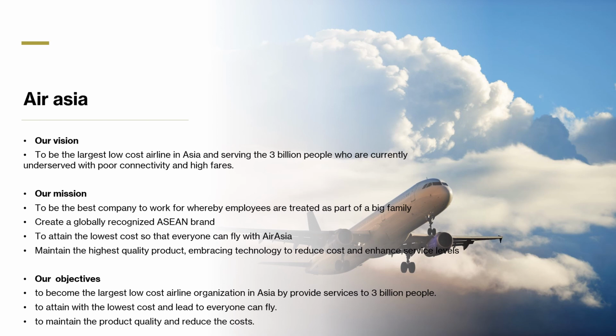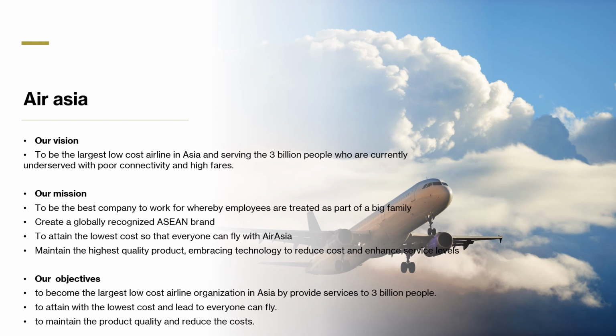So the objective is more specific. It is something measurable. There is a time frame if you look here. It says to become the largest low-cost airline organization in Asia to provide service to 3 billion people. So it is measurable. Okay, to attain the lowest cost and lead to everyone can fly. So it is specific.